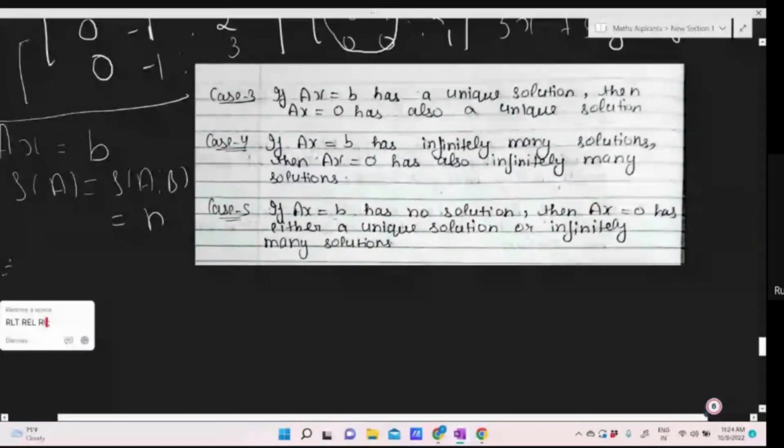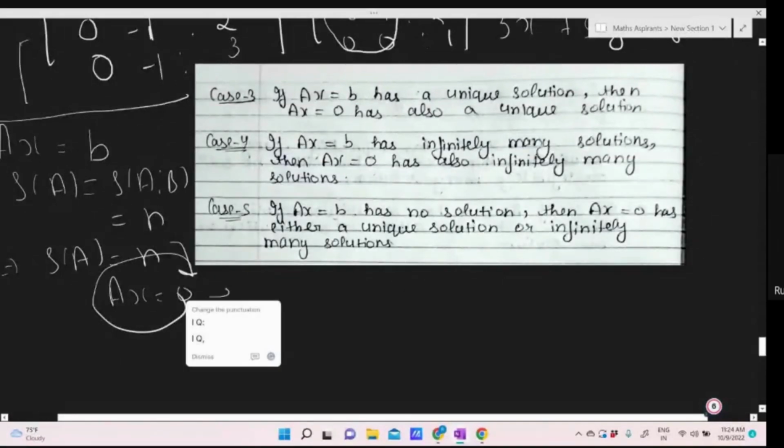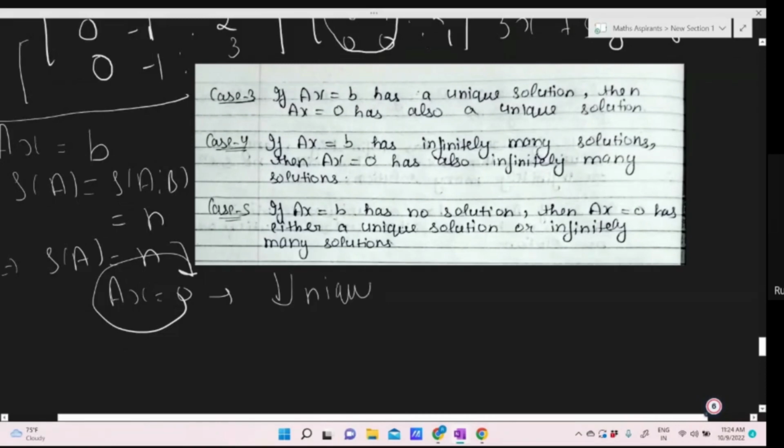Here we can conclude that the rank of A is equal to n. Now for the corresponding homogeneous system AX = 0, we can easily say that the rank of A is n. That is, the system AX = 0 will have a unique solution.